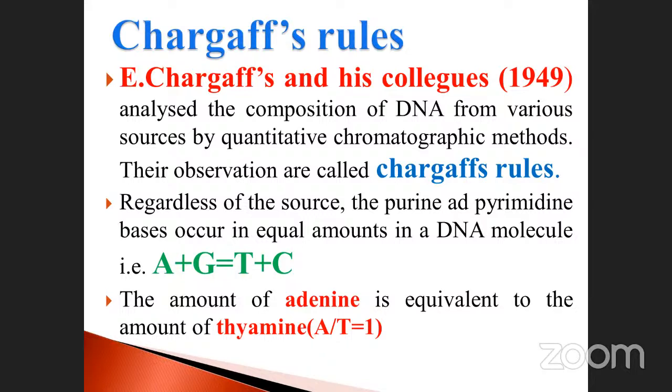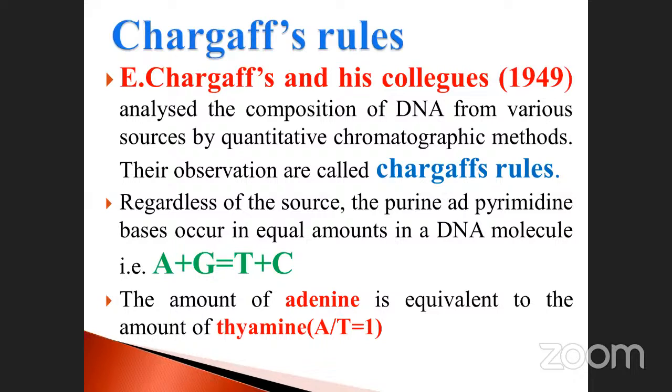For example, take adenine 15. Adenine always combines with thymine. So adenine 15 means the thymine is also 15. Guanine 60 means cytosine is also 60. That is the reason. According to this, calculation-oriented questions are also sometimes asked in this part. I will tell you.